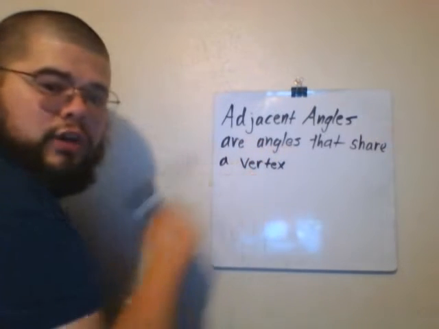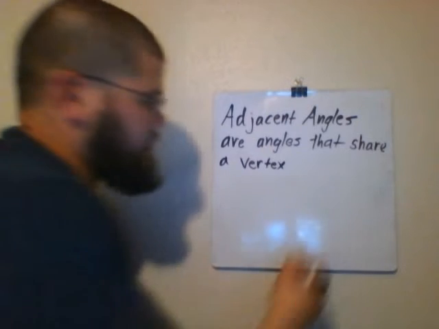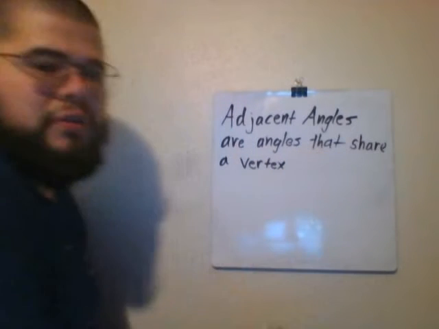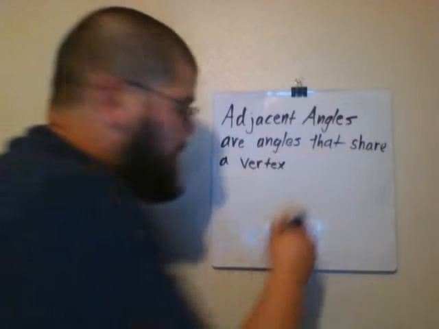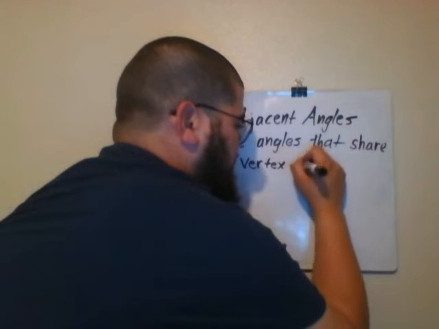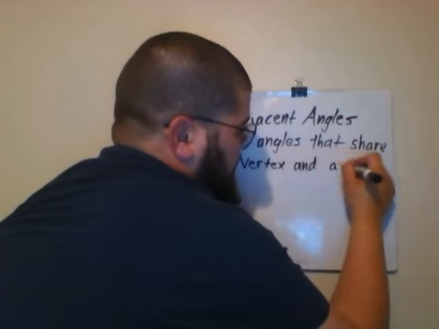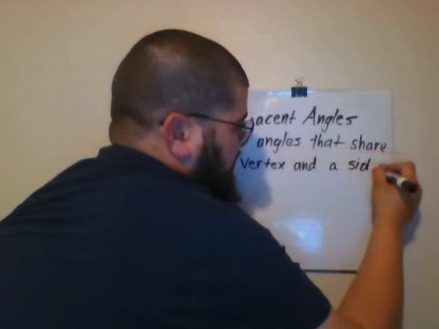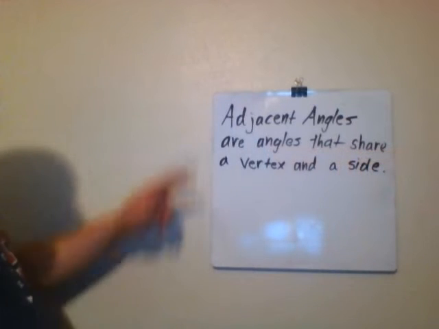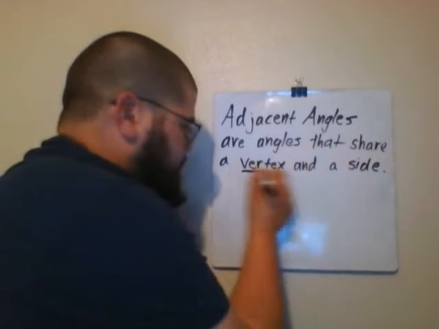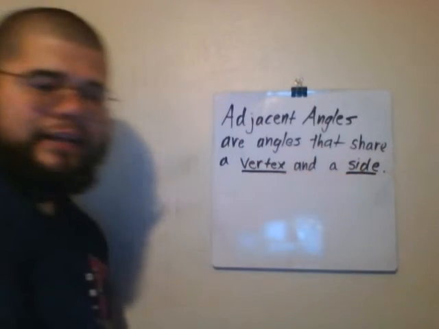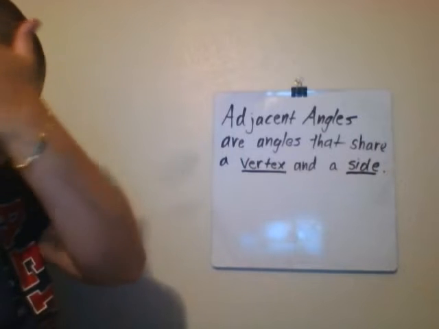Remember, vertex, we also call those corners, right? Just another way, again, because we don't use the word vertex every day, we use corners a lot. So they share a vertex and a side. So again, adjacent angles are angles that share a vertex and a side. Okay, and we're going to go ahead and draw some examples of these.